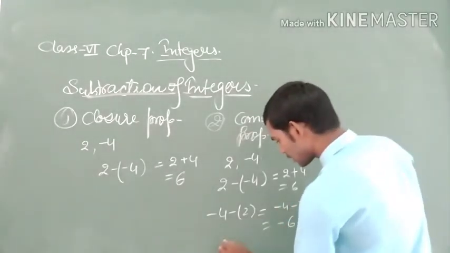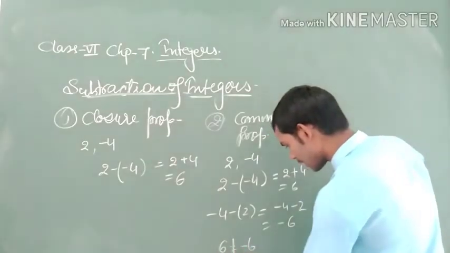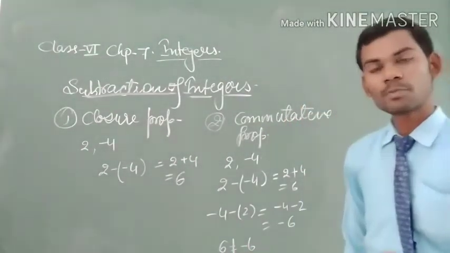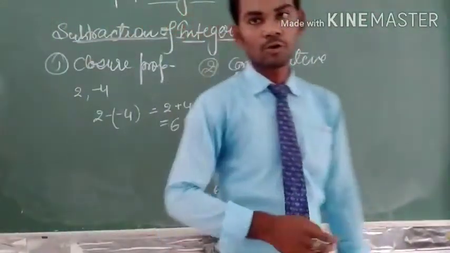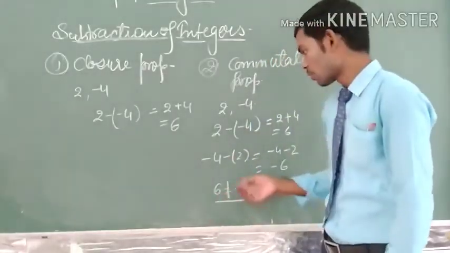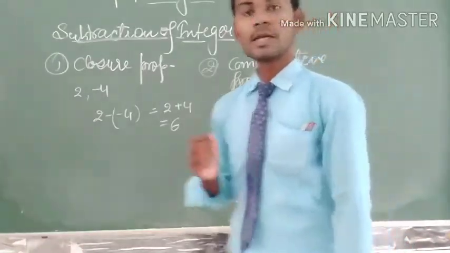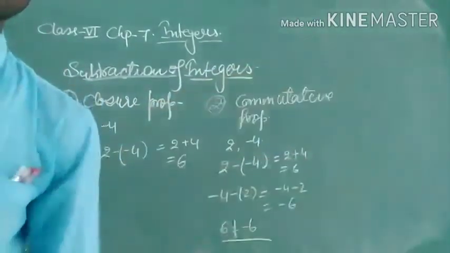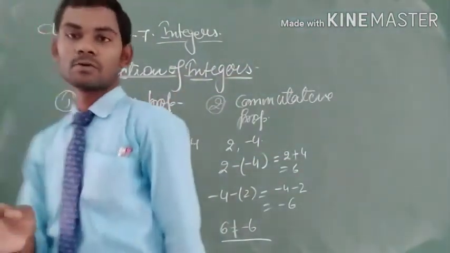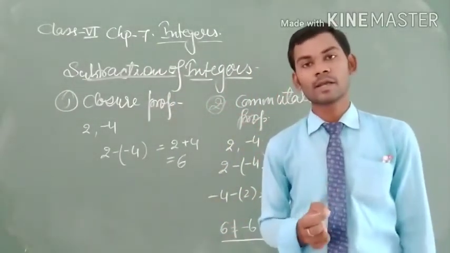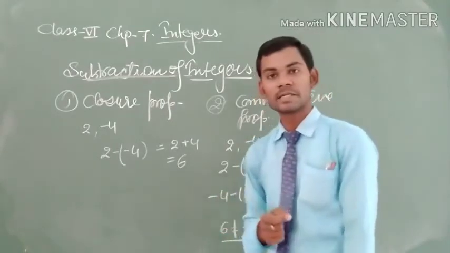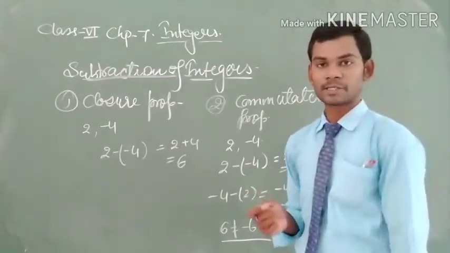So here we can see that 6 is not equal to minus 6. That means the commutative property is not satisfied by integers under subtraction. Okay students, I hope it is clear. When we change the places of the integers, the results are not equal.